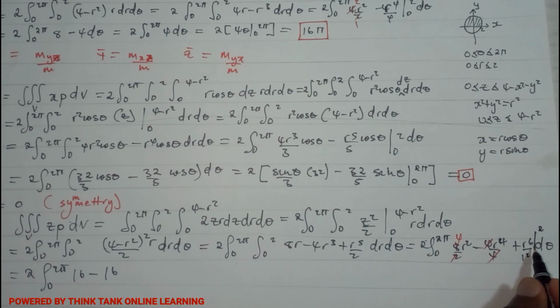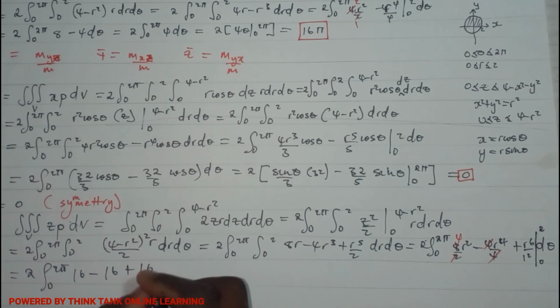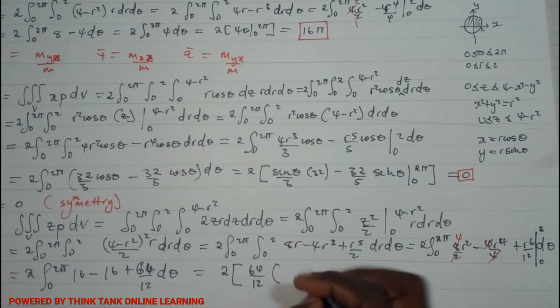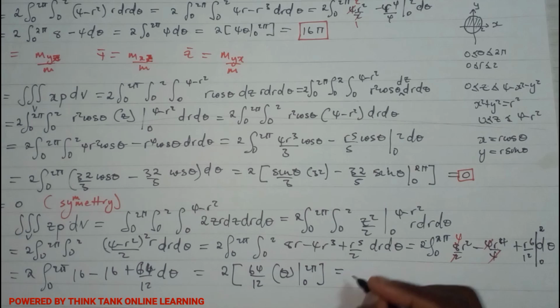We have 2 to the power 6, which is 64, divided by 12, d theta. And you're going to have 0. So if we integrate with respect to theta, we have 64 over 12 times 2 times theta, from 0 to 2 pi. So we have 64 over 12 times 2 pi.